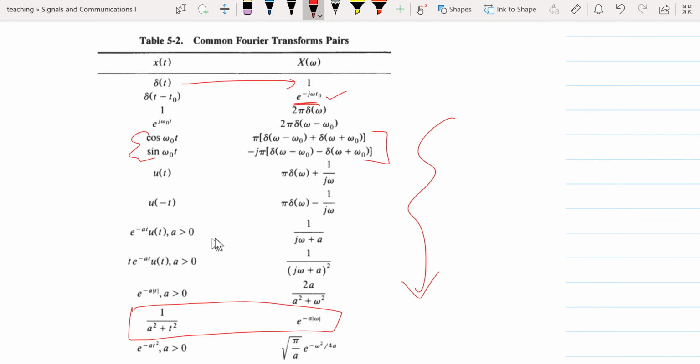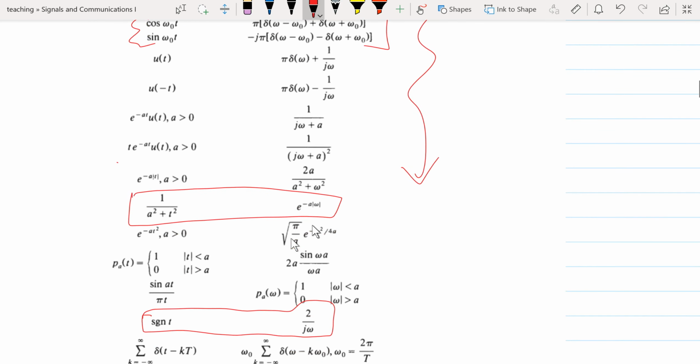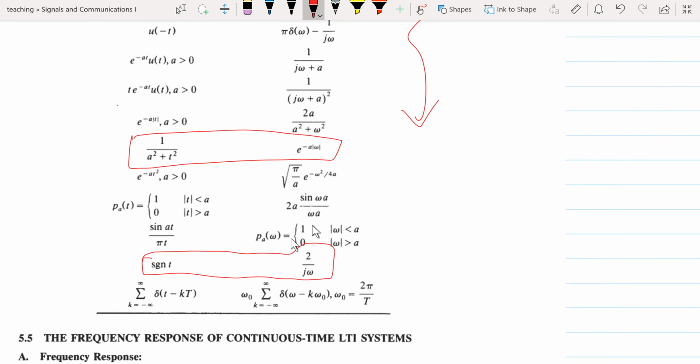I think it's not represented here. Oh yeah, the ramp function. Well, it may not be exactly that. So I will give you some time to look at this, and then we are going to proceed to the next section in 5.5.